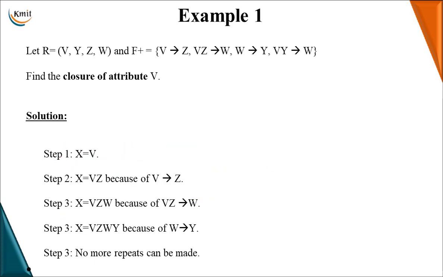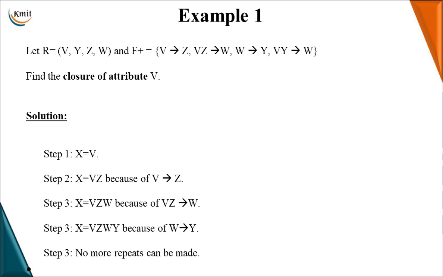Let me show you another example, which works in a similar way. Given a relation R with a set of attributes V, Y, Z, W, and a set of functional dependencies, you are asked to find the closure of the attribute V. So first you add V into the closure. Then from V determines Z, you include Z into the closure.